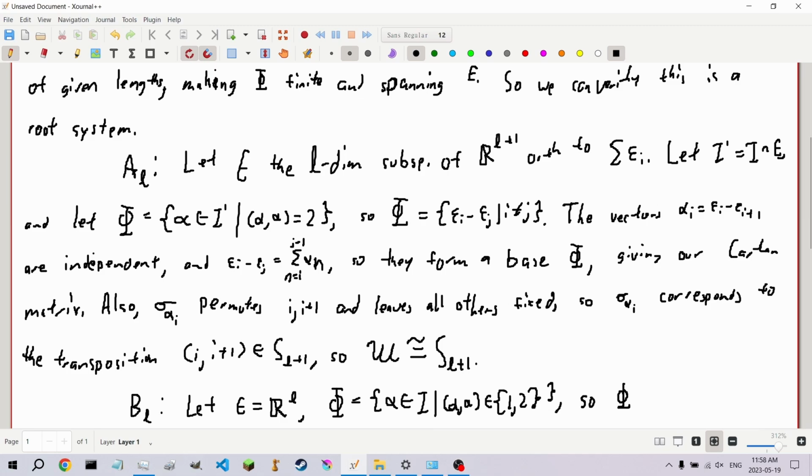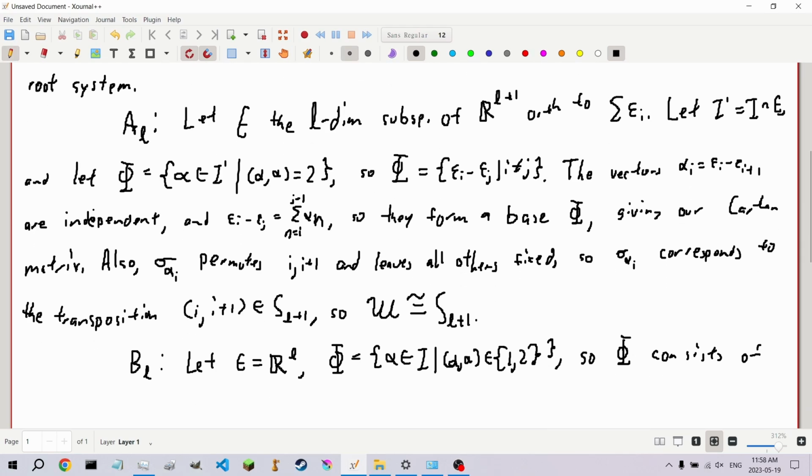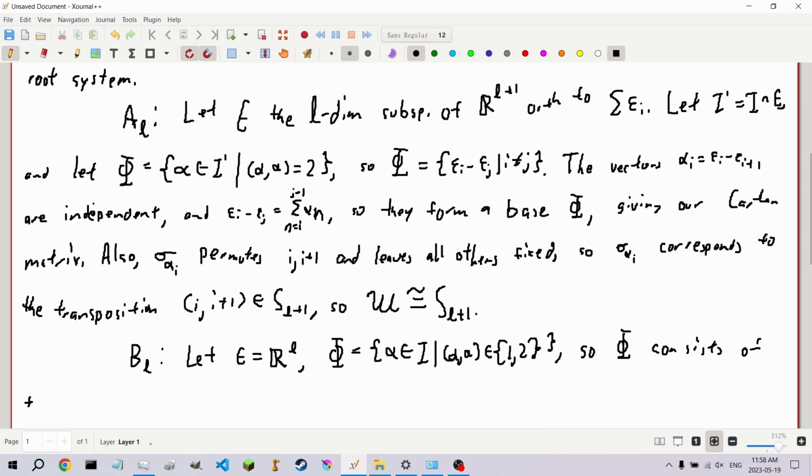So our phi consists of the vectors of length 1, which have to be plus or minus e_i, and those of length 2, which have to be plus or minus e_i plus or minus e_j for i not equal to j.